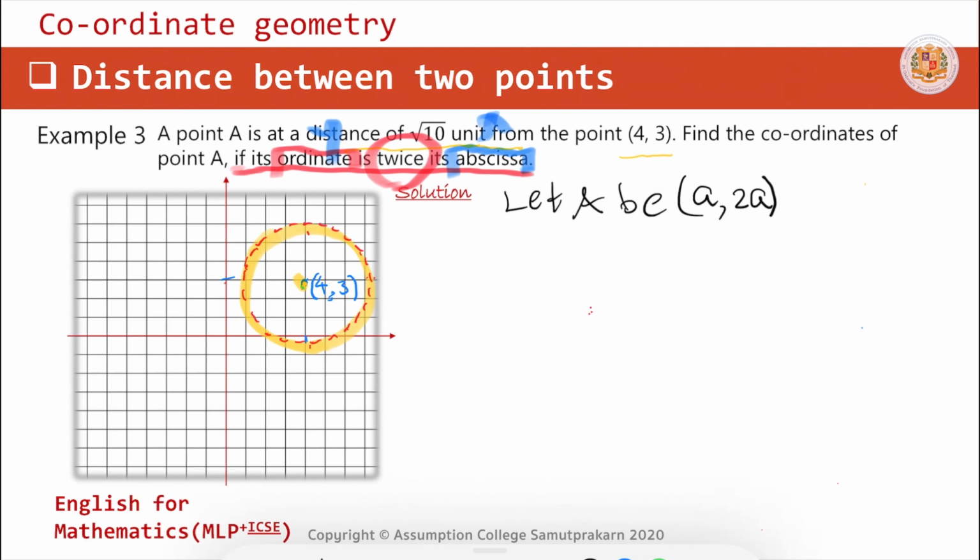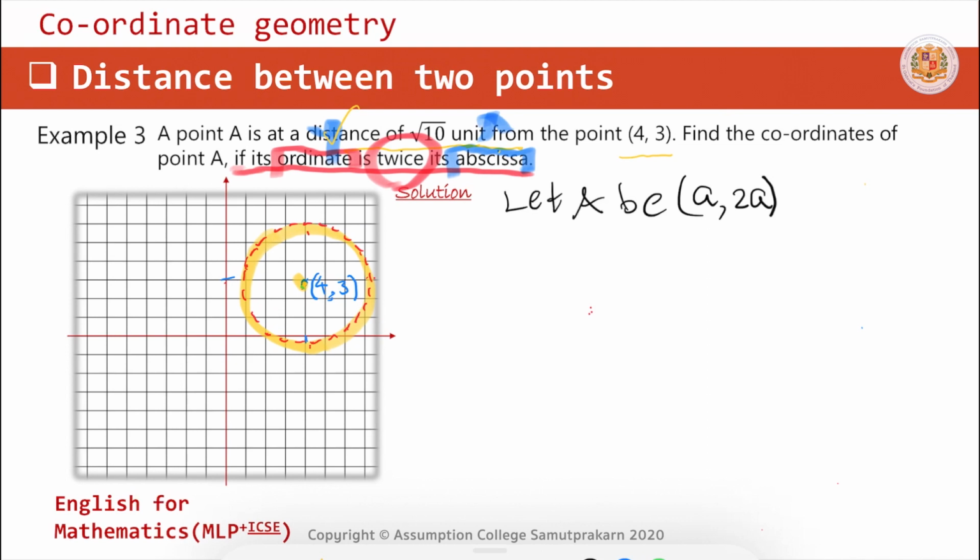But if you look at that condition, the ordinate is twice the abscissa, so then you can only get some points in this. So we're going to look for what point that is. Where exactly is A?